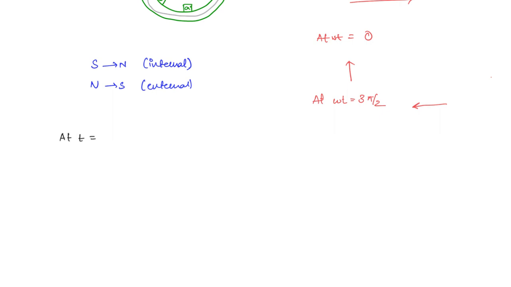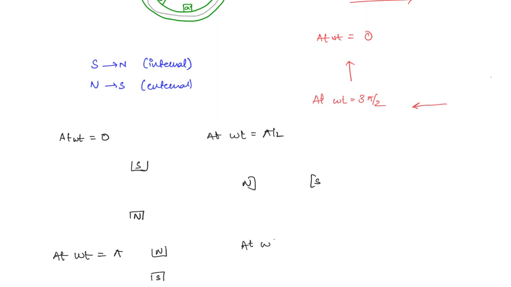At omega t is equal to 0, we have this as the south pole and this as the north pole. At omega t is equal to pi by 2, let us say, the south pole is here, north pole is here. And at omega t is equal to pi, let us say, in this case, this will become north pole and this will become south pole.